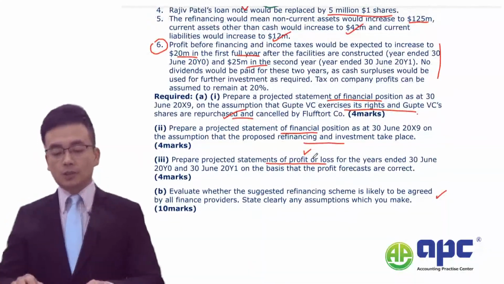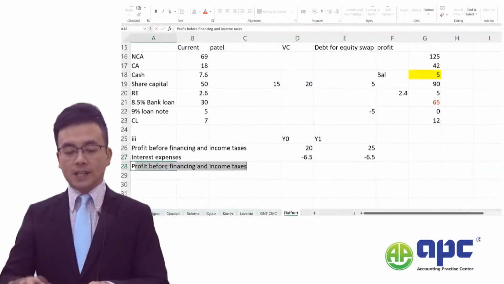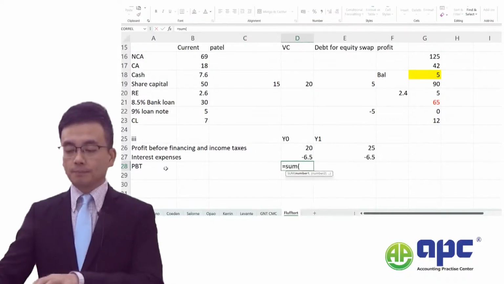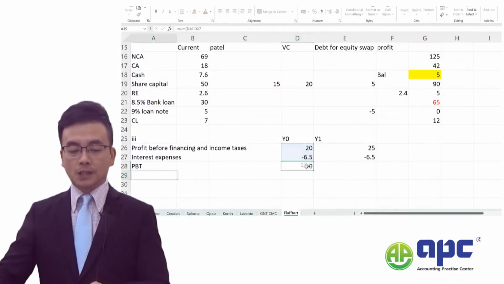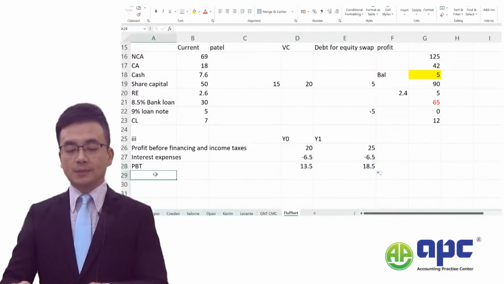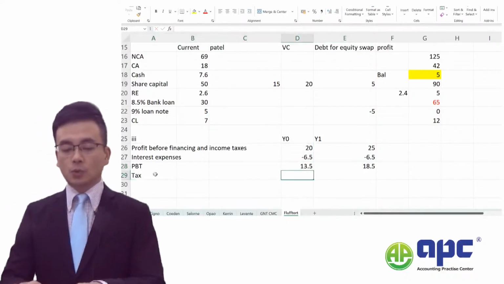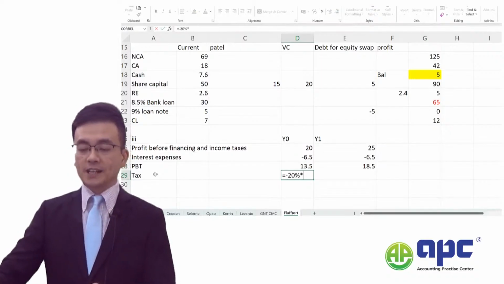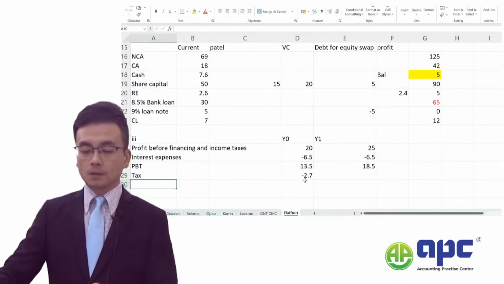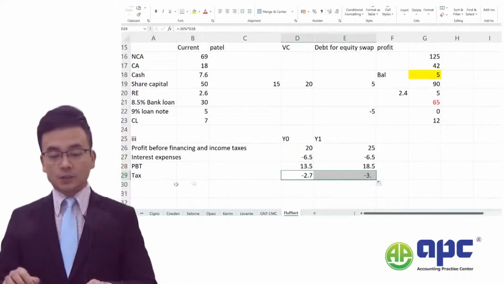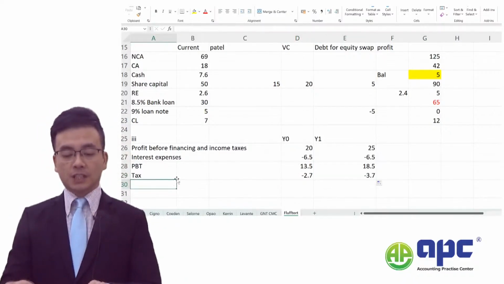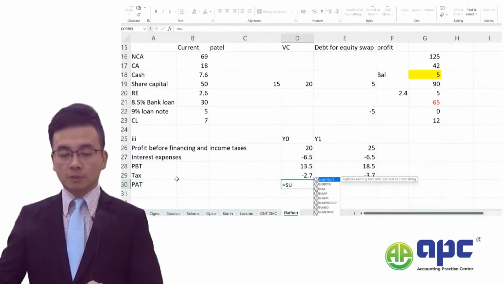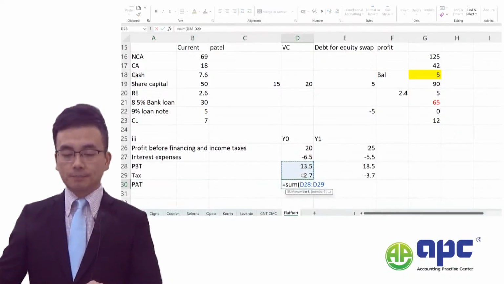Now we've got the PBT, of course, profit before tax. Just sum all of these. Based on PBT, which is charged taxes, equals minus 20% times the profit before tax. After that, we've got the profit after tax, or profit for the year. Just sum the profit before tax and taxes.